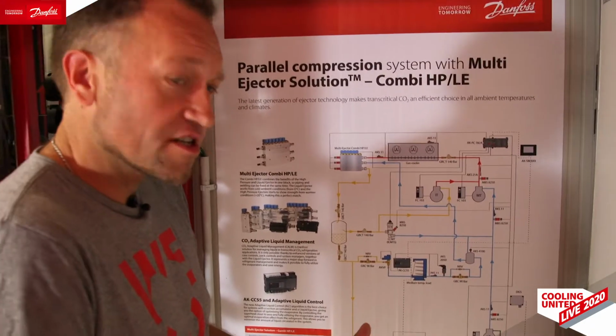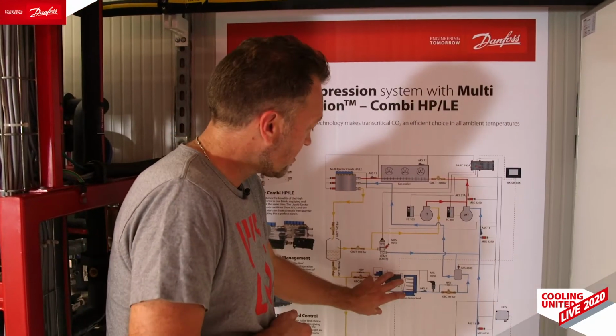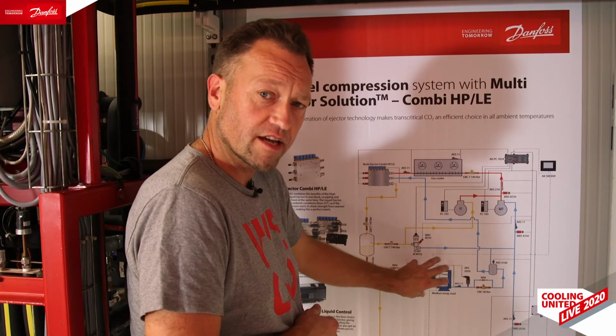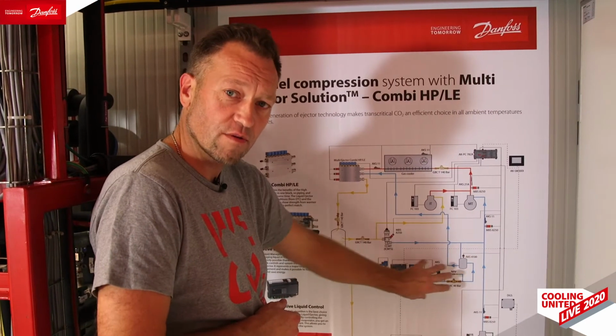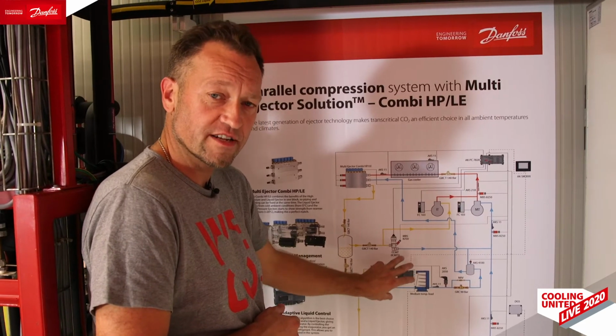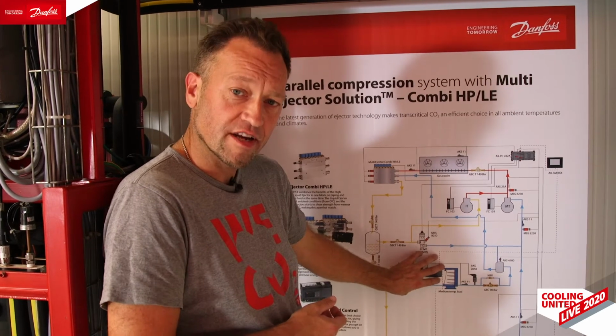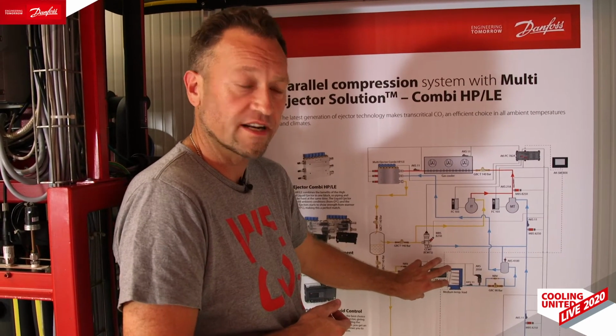The safety of the system is protected in the way that we can change the mode from the adaptive liquid control, where we have liquid droplets coming out, to a fully dry expansion where we have 3 Kelvin or more superheat, and in that way preventing more liquid to come to the suction accumulator.